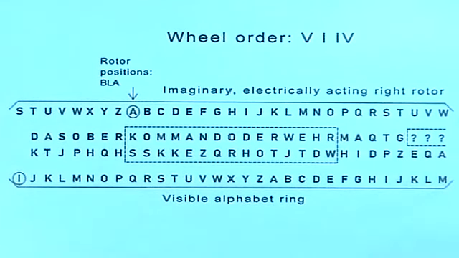You can, from this letter K, add the letter sequence backwards. If the imaginary electrically active right rotor is in position A, the visible alphabet ring is in the position Q.